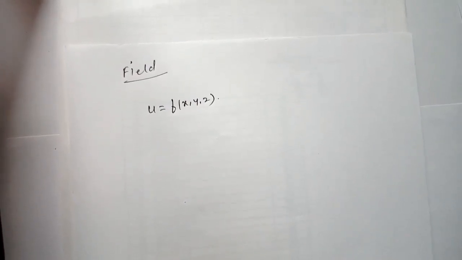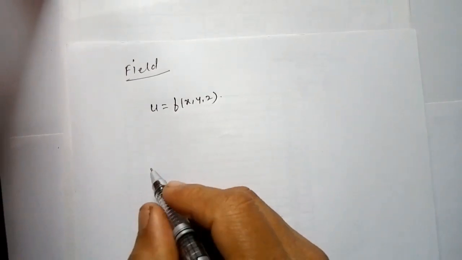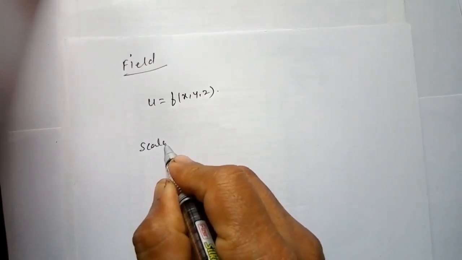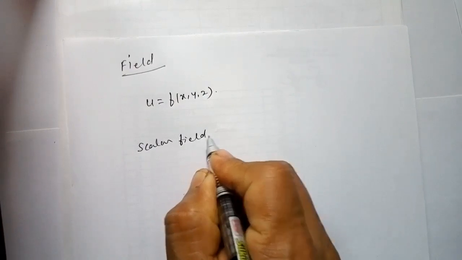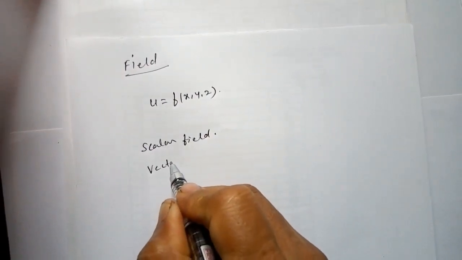Now, we have generally defined a field: a region in space in which a function u is defined at all points. But which type of function is it? There are two types now: scalar field and similarly vector field.